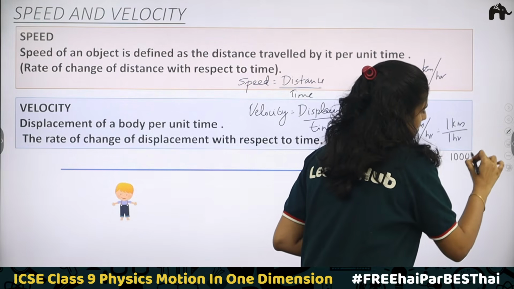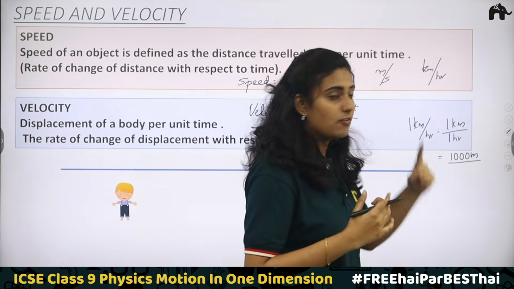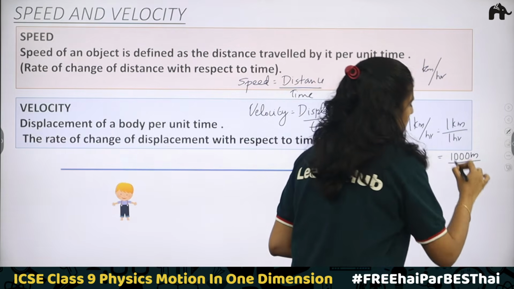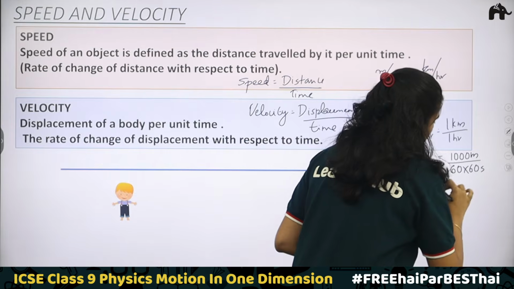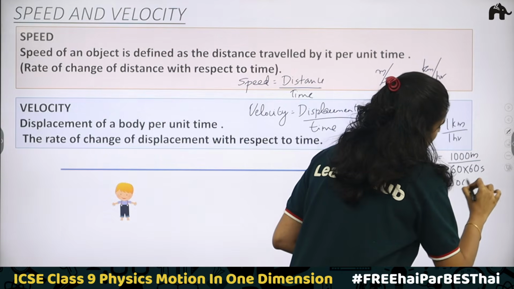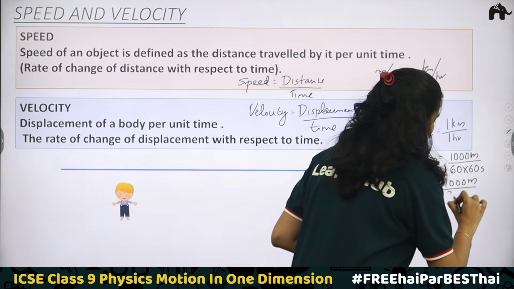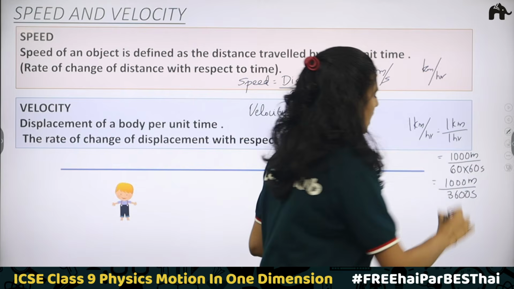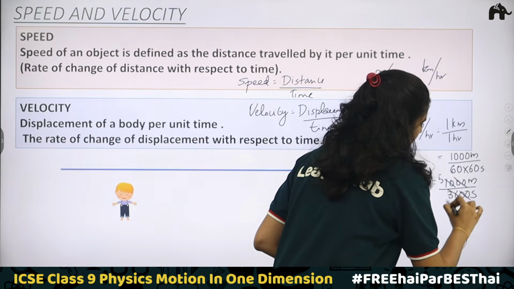That is 1000 meters by 1 hour in seconds. 1 hour is 60 minutes and 1 minute is equal to 60 seconds, which means 1 hour will be 60 into 60 seconds. So 1000 meter divided by 60 into 60, 3600 seconds. So here cancelling out zeros, again cancelling, we get 5 and 18.